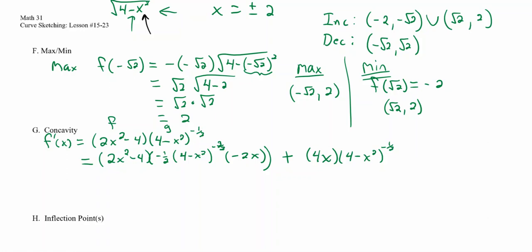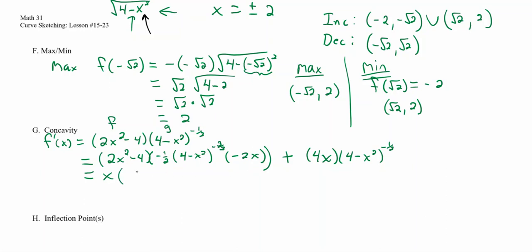Now we just got to go to work cleaning this thing up, right? Looking through here, I got that x there. I'm going to put that out front. In this case, I've got this coefficient, negative 2, and over here negative a half. You guys kind of see that the two of those together would just give you positive 1. So out front I'm going to have positive 1 x, just that x, and then I'm going to write the other.